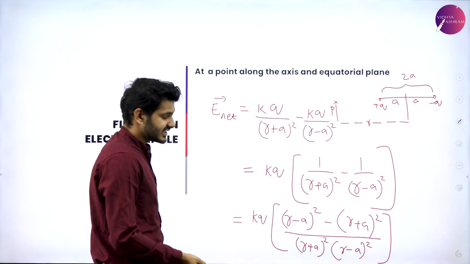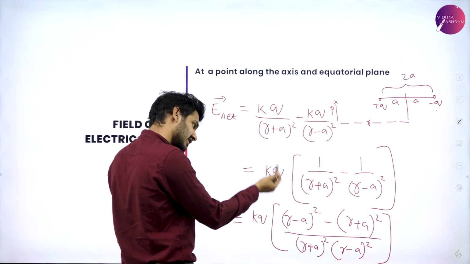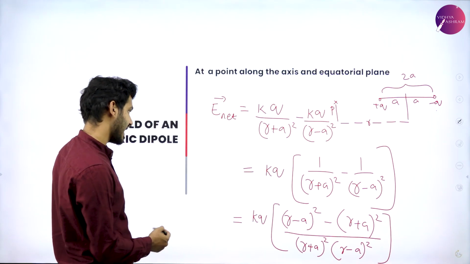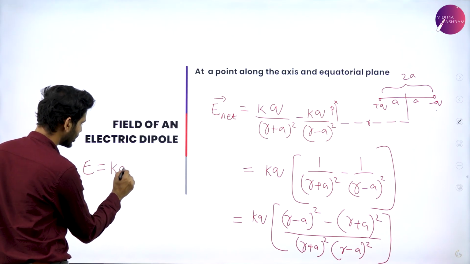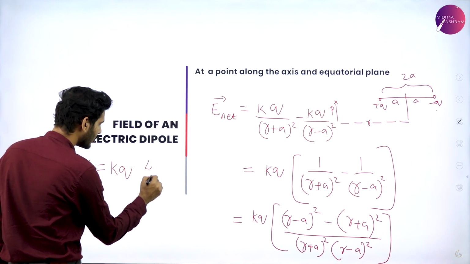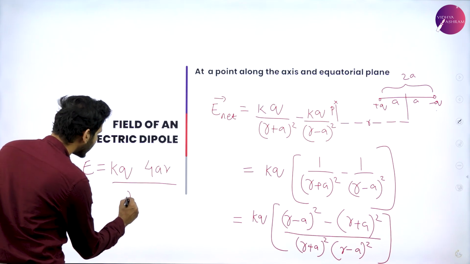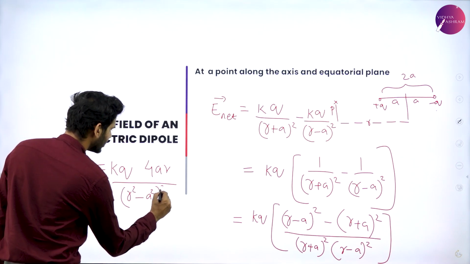So this equation is actually in the form of A square minus B square. Converting that and simplifying it, we can solve it as E equal to KQ into 4AR divided by (R square minus A square) the whole square.